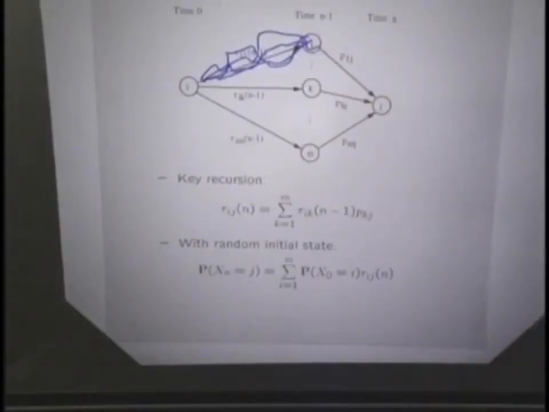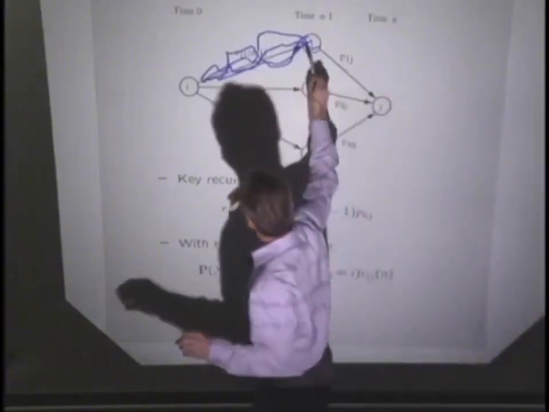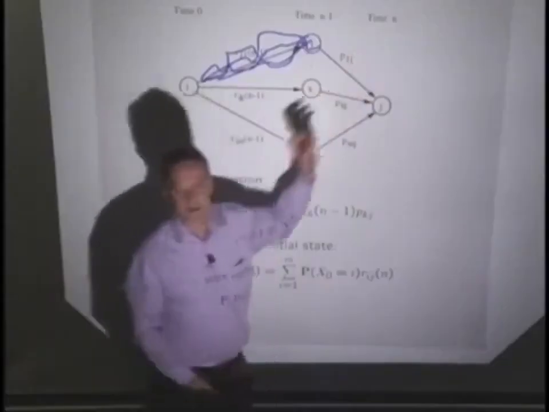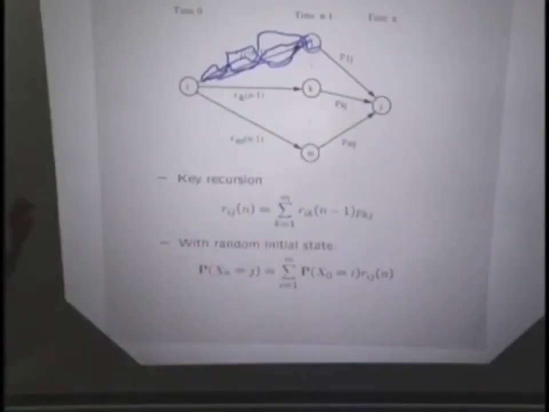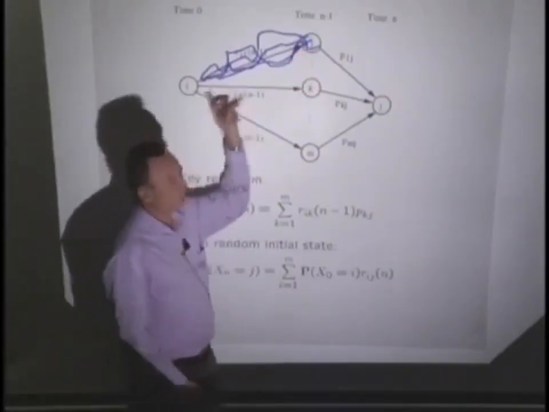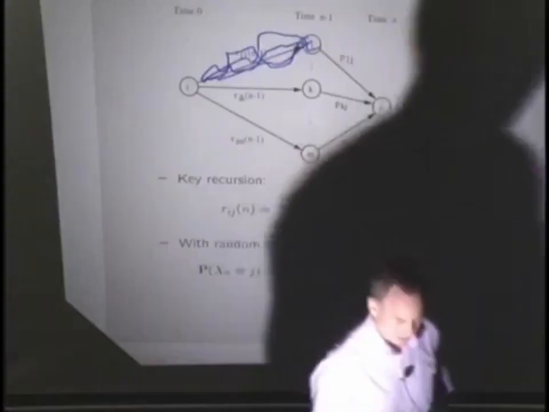If we didn't have the Markov assumption, we should have considered all possible individual trajectories here, and then we would need to use the transition probability that corresponds to that particular trajectory. But because of the Markov assumption, the only thing that matters is that right now we are at state 1. It does not matter how we got there.